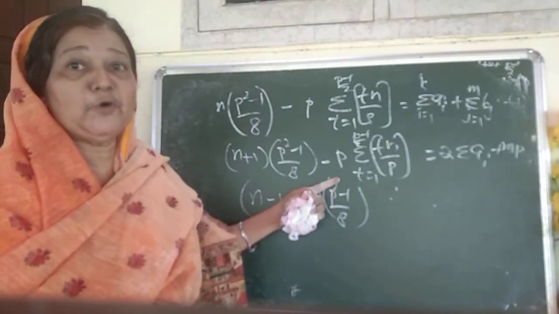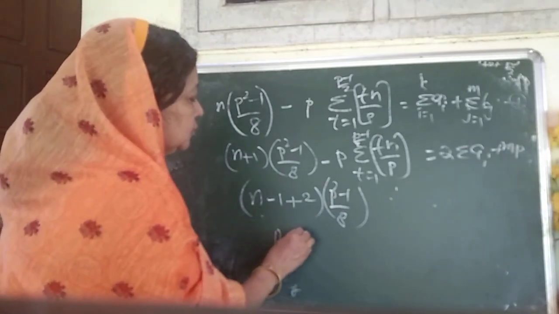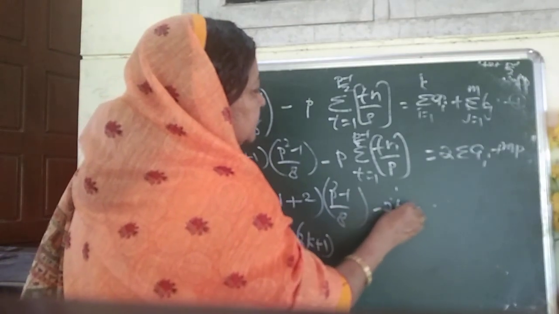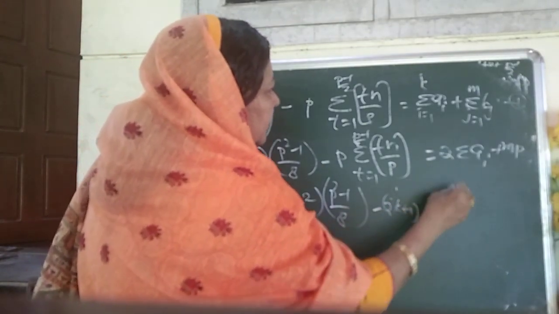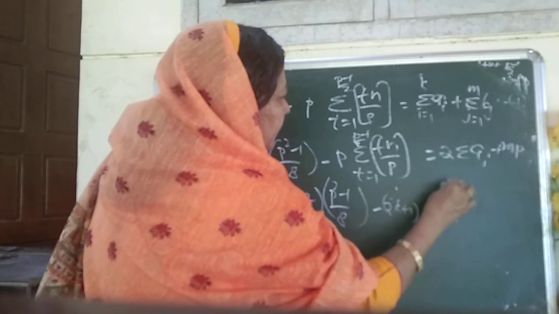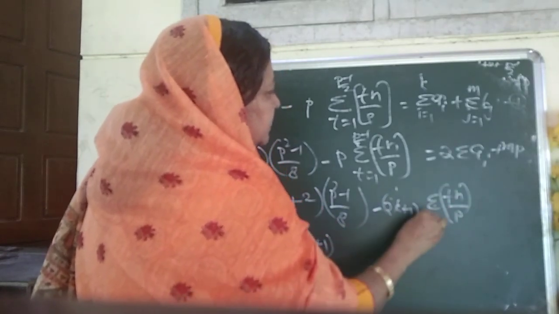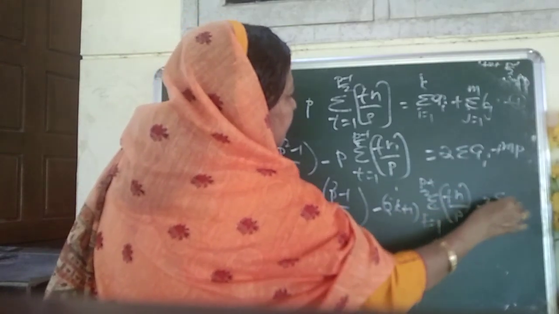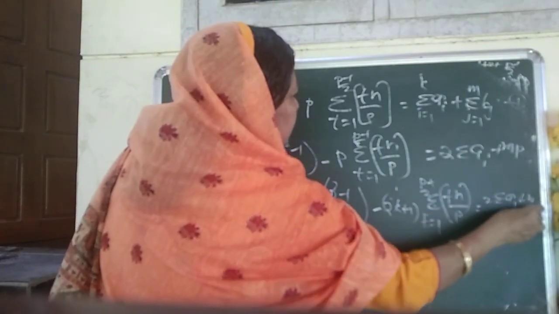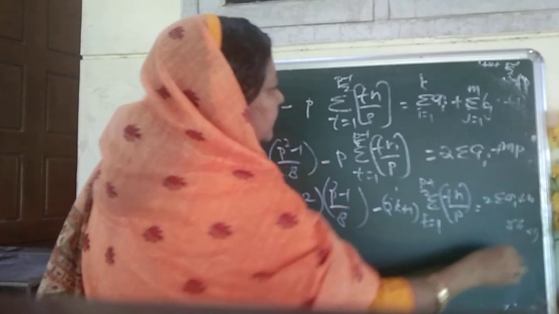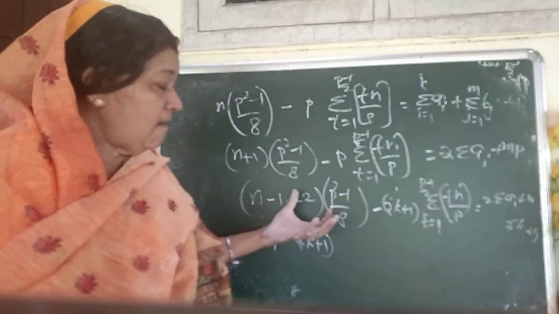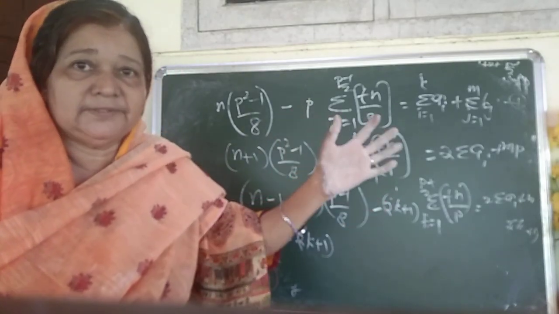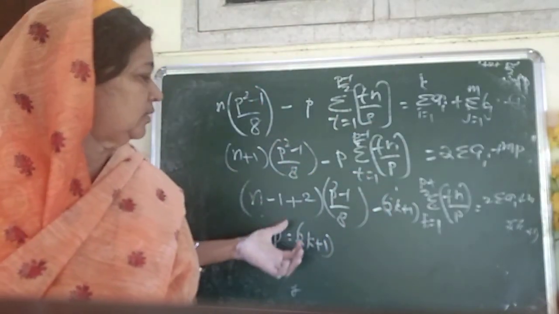Again, p is an odd prime. Therefore, let p equal to 2k plus 1. It is minus (2k plus 1) into sigma of [tn/p], where t runs from 1 to (p minus 1)/2, equal to 2 into sigma a_i plus m into (2k plus 1). So, cancelling all the multiples of 2, that is modulo 2, we collect all the multiples of 2, or mod 2.